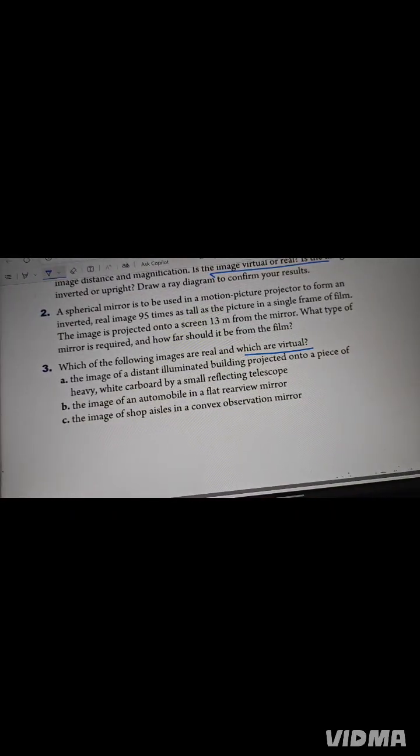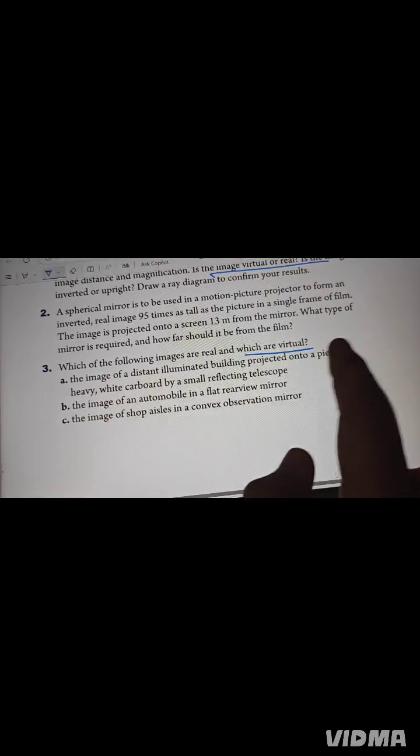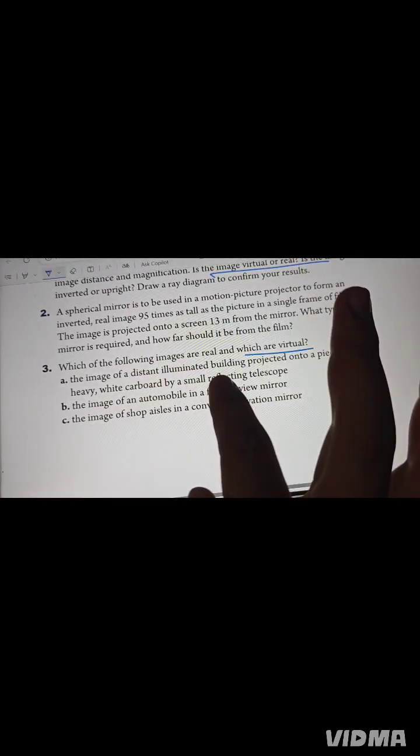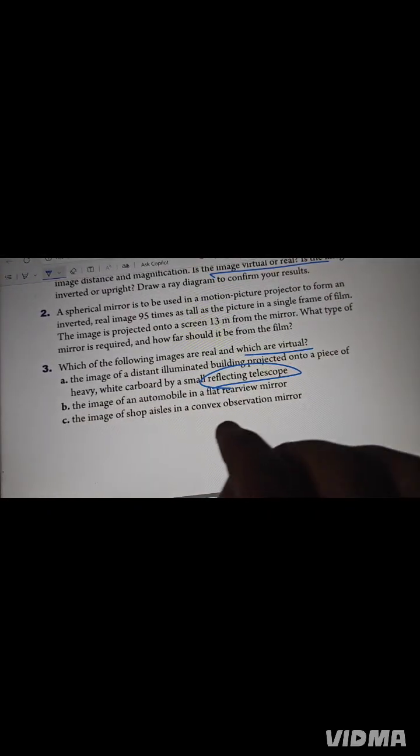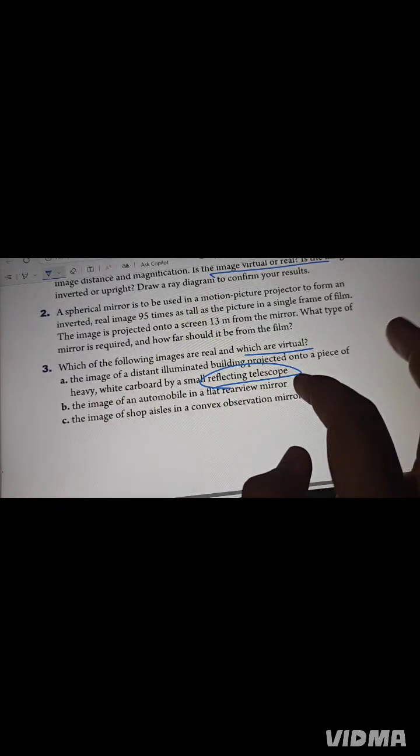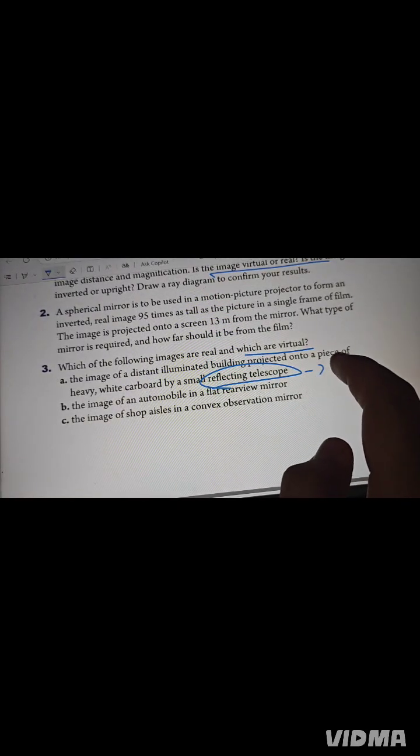Part A: the image of a distant illuminated building projected onto a piece of heavy white cardboard by a small reflecting telescope. Because we have a reflecting telescope, A is real.